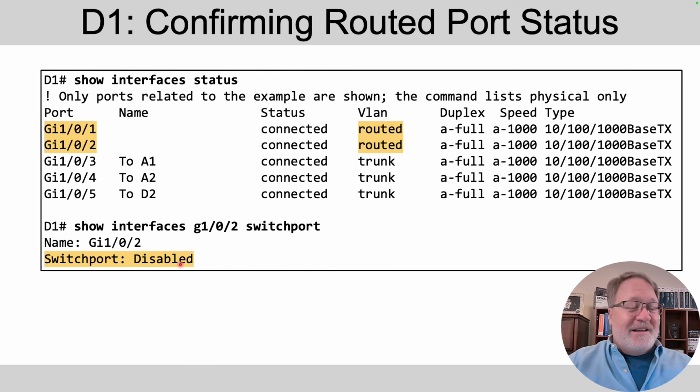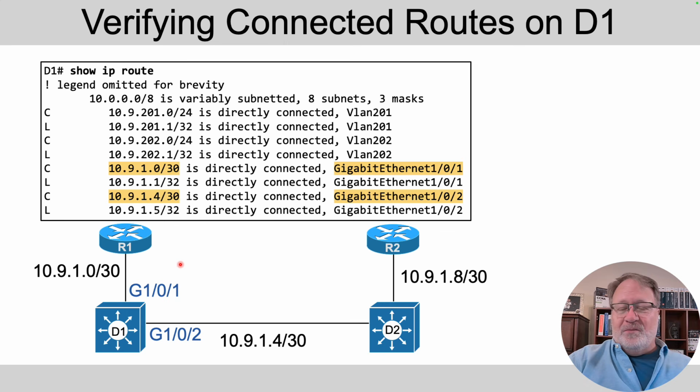All right, last thing that can be interesting, the first time you've looked at this, is to look at the routing table, right? So if you do a show ip route and focus on those connected routes, on D1, it's got 2 routed interfaces via this config, and we're going to see connected routes for 2 interfaces that are routed ports. Gigabit 1/0/1 that's connected up to router R1, gigabit 1/0/2 that's connected to the right to router D2.